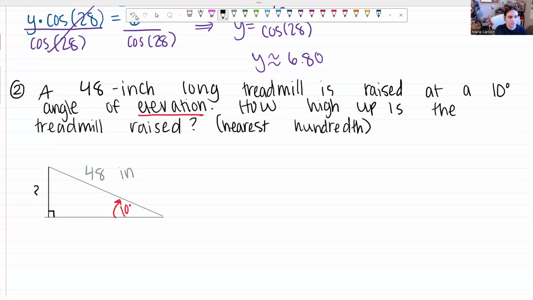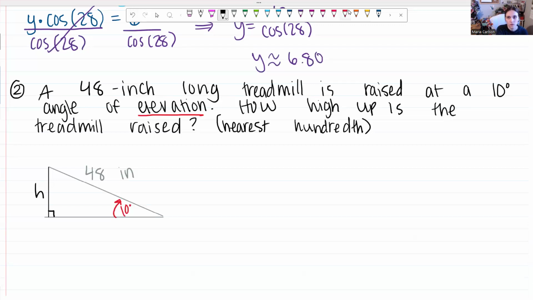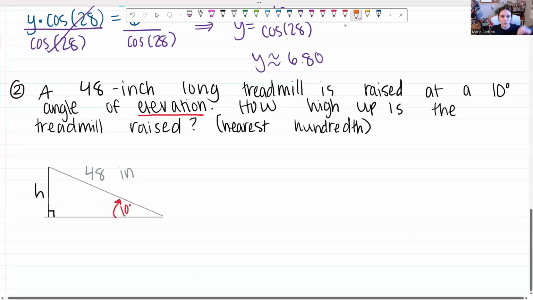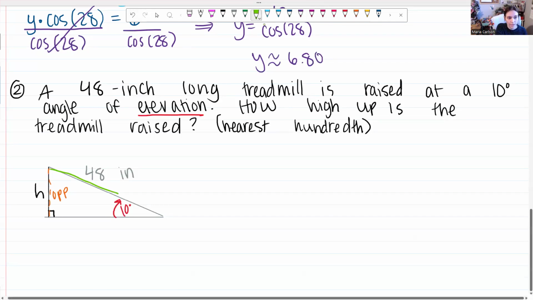So I'm going to let this be h for height. So in relation to this acute angle over here in the corner, this 10-degree angle of elevation, we want to find h, which would be the opposite side. And the distance that we know, the 48 inches, is the hypotenuse.